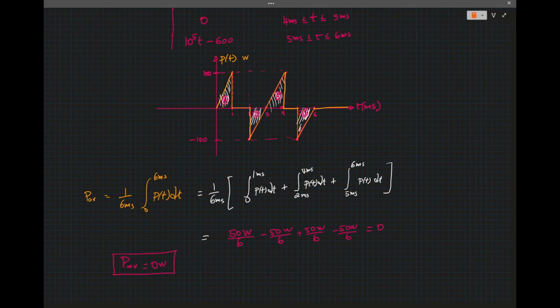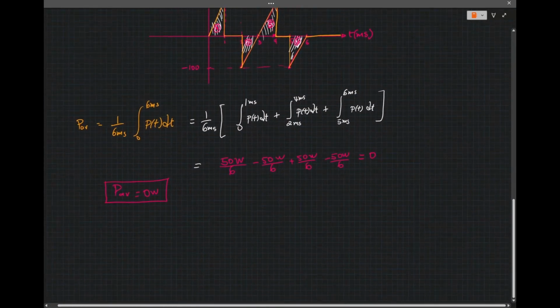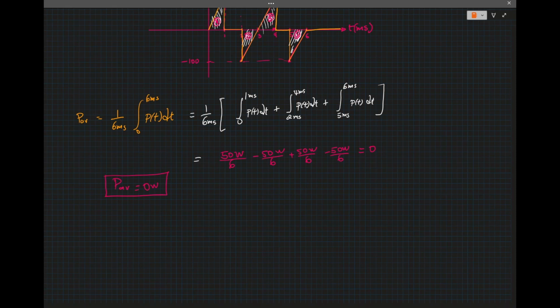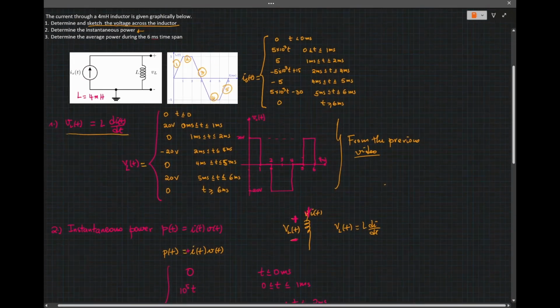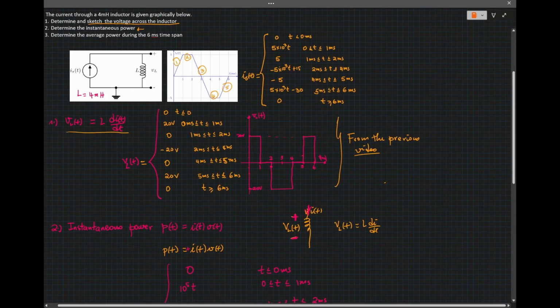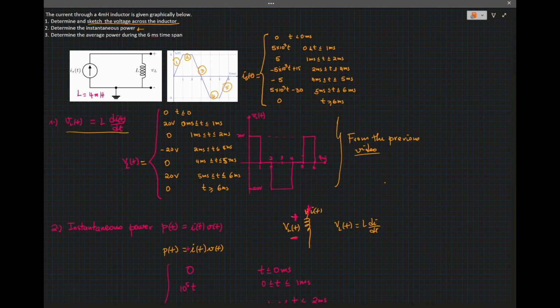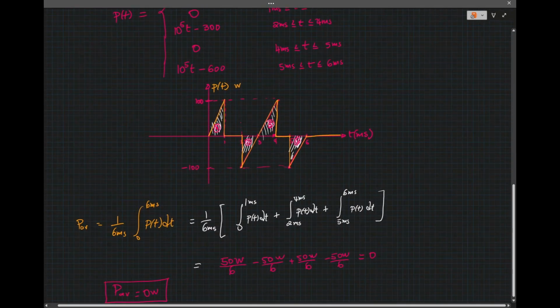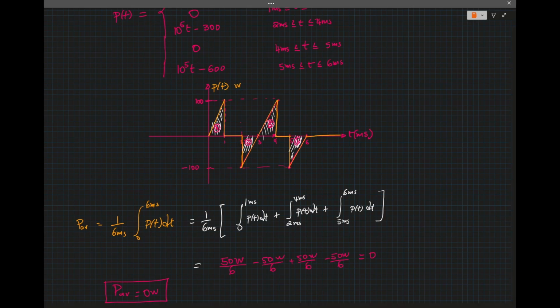Okay, so let's make sense of this result. The inductor will store energy during the first half cycle, from 0 to 3, and then release it back from 3 to 6. So that means overall the average power consumed by this inductor is 0.